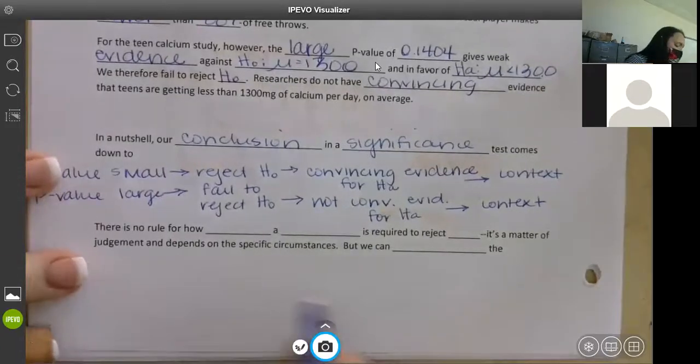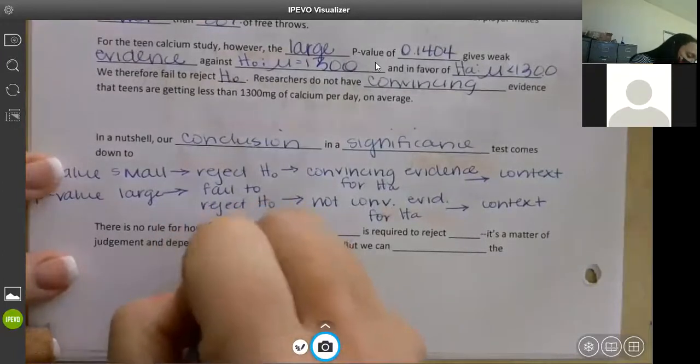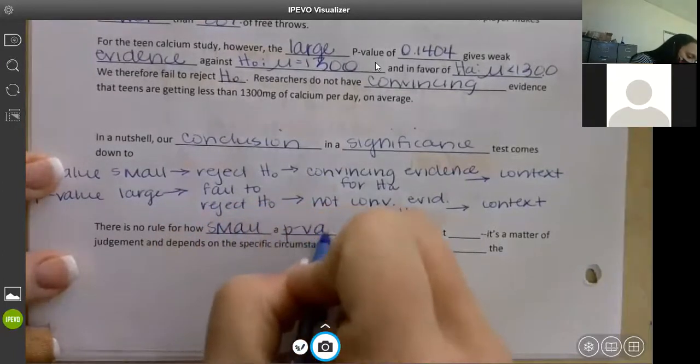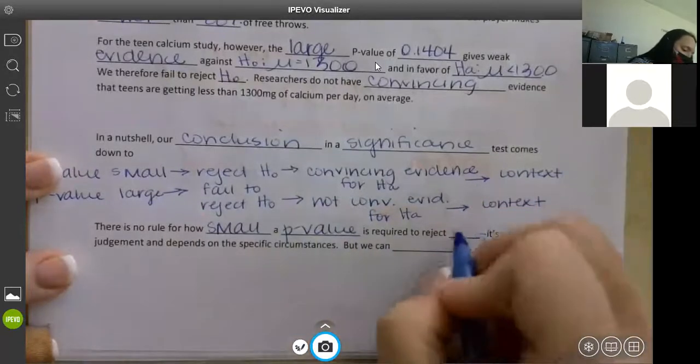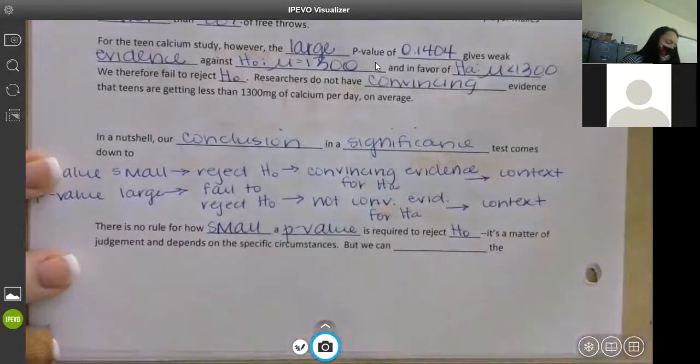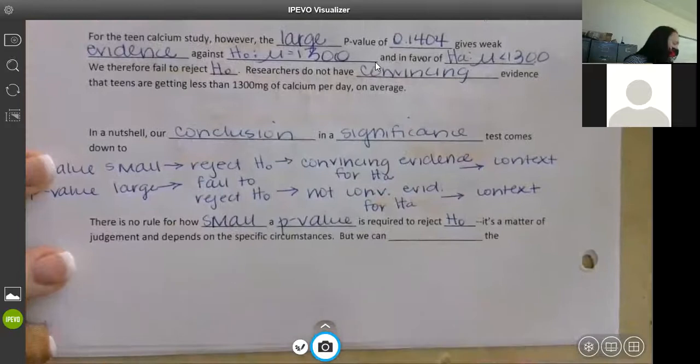So there's no rule as to how small a p-value is required to reject H sub O. It's a matter of judgment and depends on the specific circumstances.